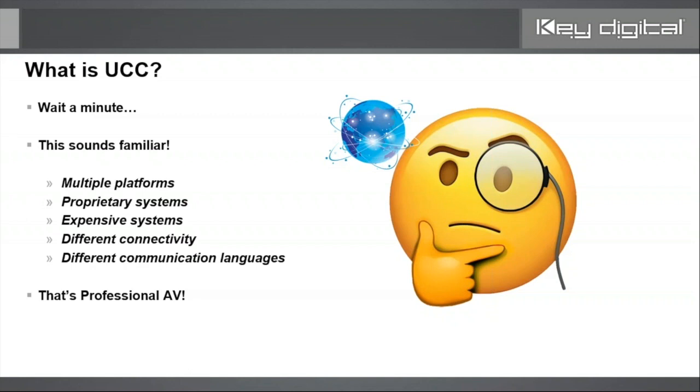And of course some systems more expensive than others, it's exactly what we have been doing in the AV realm, in the Pro AV realm for all these years now. So that is this trend.